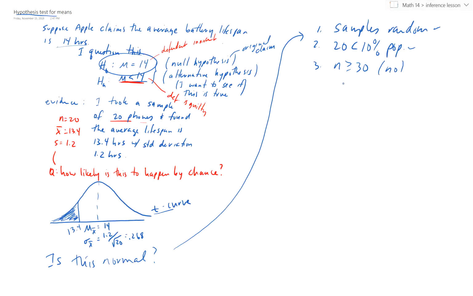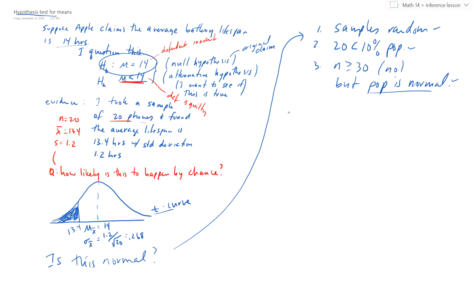No. But the population is normal, because we were assuming that the lifespan is normal, as assumed in the earlier videos. So we're good. If the population is normal, we know this is normal. Now it comes down to figuring out what this area over here is.